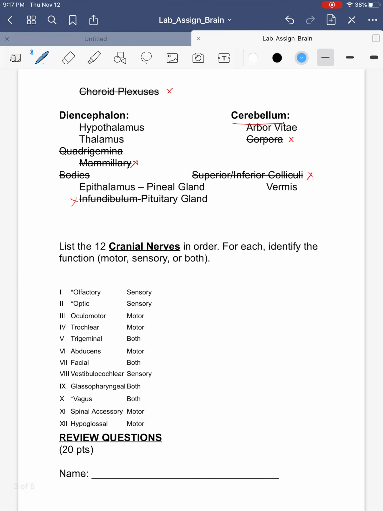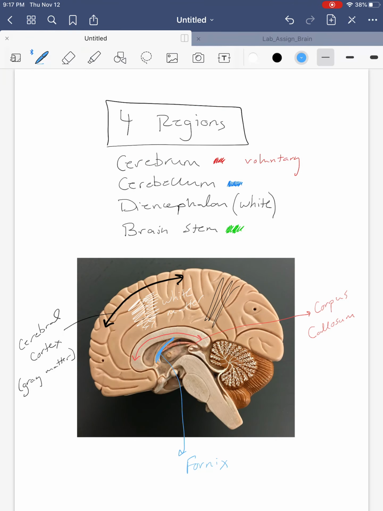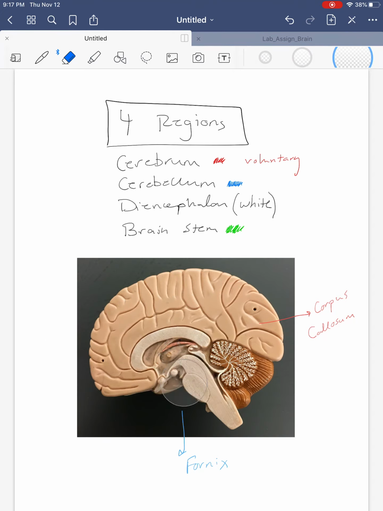All right, let's talk about the diencephalon. And this can be a little bit tricky. So I'm going to erase this. And let's see if we can talk about the diencephalon. So we know that's kind of the middle area, diencephalon. And let's start with what I'm coloring in blue right here. This is the thalamus.